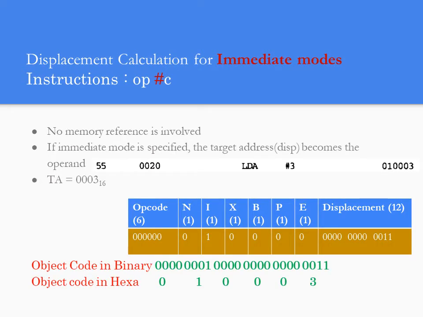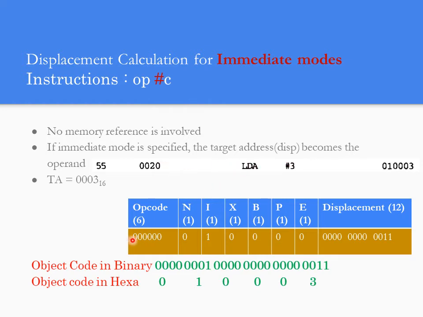Now let us try to translate an instruction with immediate addressing mode. As mentioned before, in immediate addressing mode, you have a hash symbol along with the operand in the instruction. Look at this example, LDA followed by #3. So this is your operand value. If immediate mode is specified, then the target address, whatever is the displacement, becomes the operand. You don't have to fetch anything from anywhere. So directly this will be represented in the instruction as an operand.